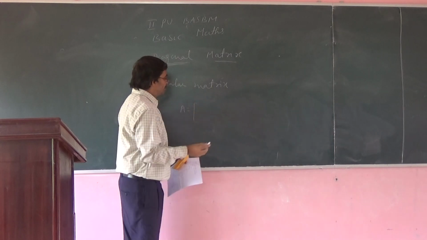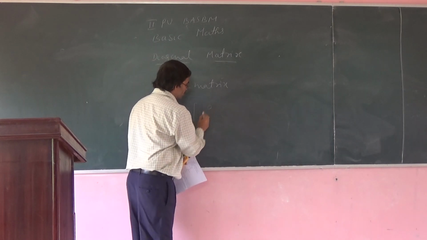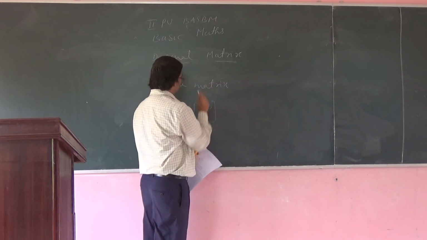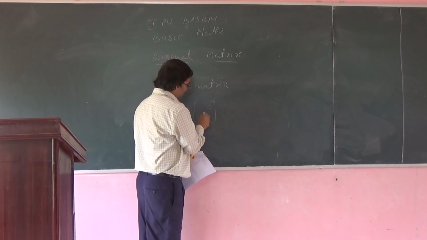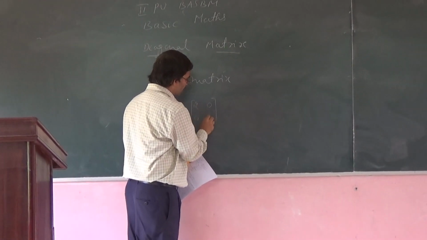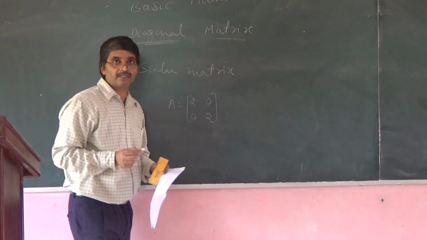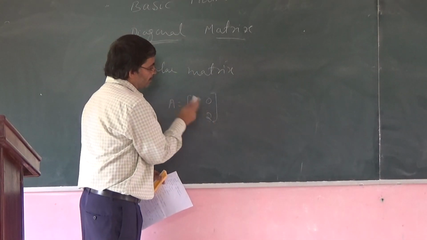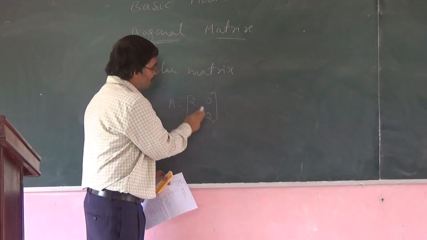That means non-diagonal elements are zeros. I will give you the same type of example. But what is the change here? The change is that the diagonal elements should be of the same value. So scalar matrix means the diagonal elements should have the same values.